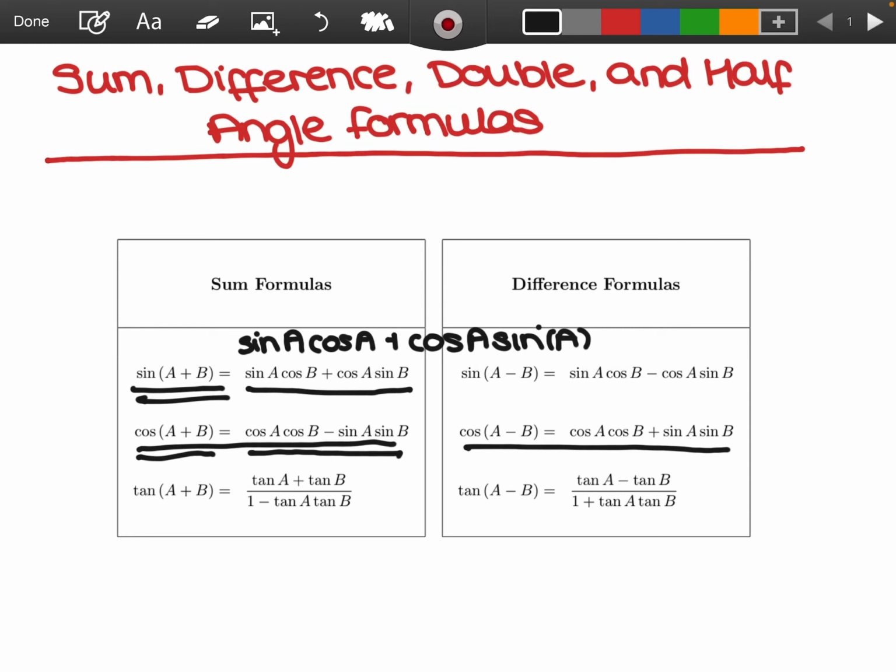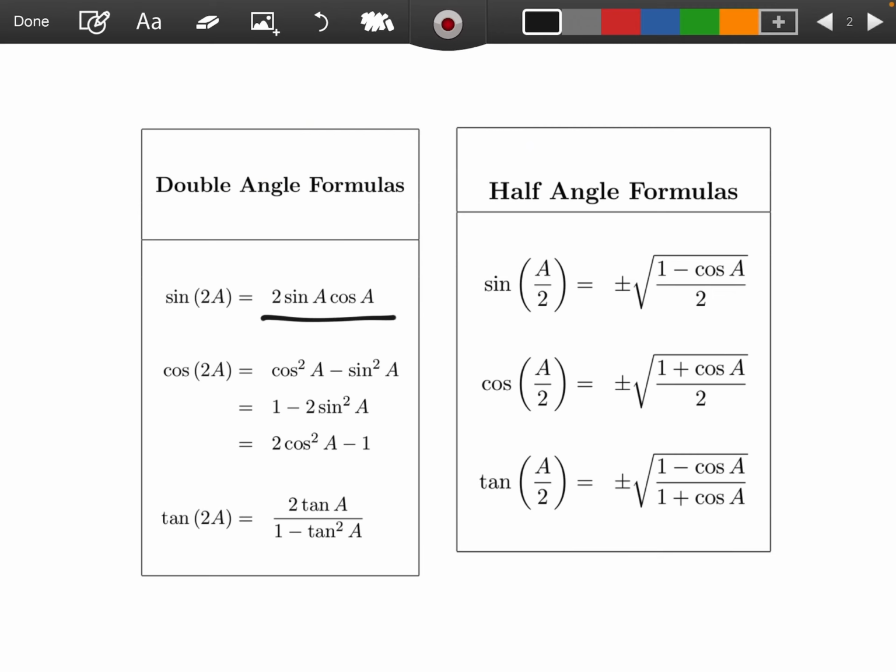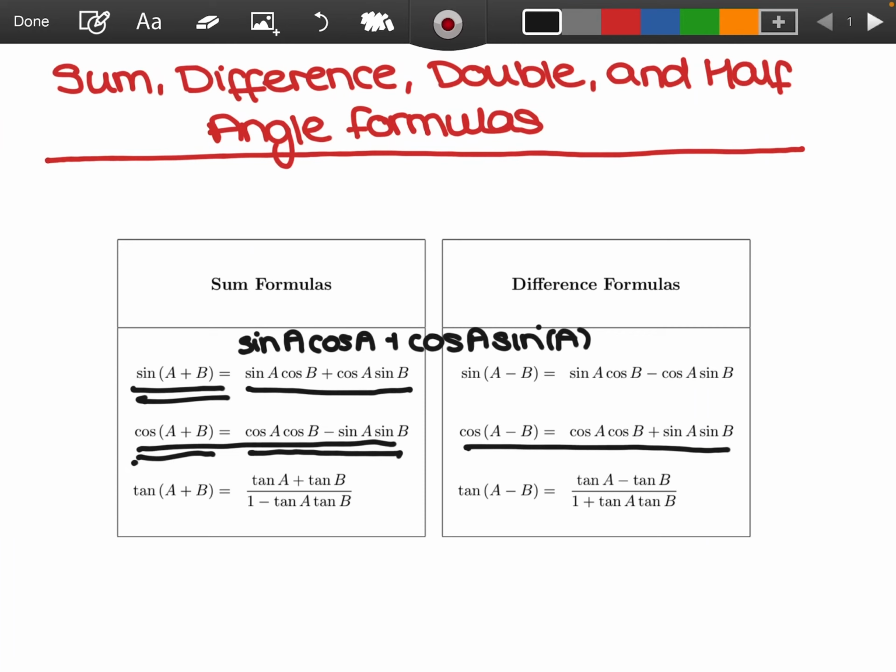That's just the same thing added together. That's 2 sine a cosine a, which is exactly what the double angle formula is. So you can find these double angle formulas just by setting a equal to b in each of these formulas and then simplifying them.